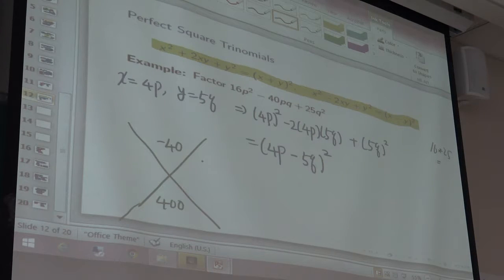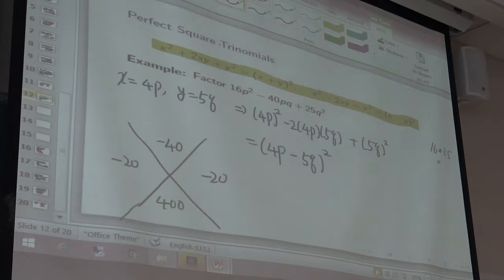Now we are going to choose the two numbers where the product is 400 and the sum is negative 40. What are they? That is a lot of combinations. It is negative 20 and negative 20. Negative 20 times negative 20 is 400, and negative 20 plus negative 20 is negative 40.